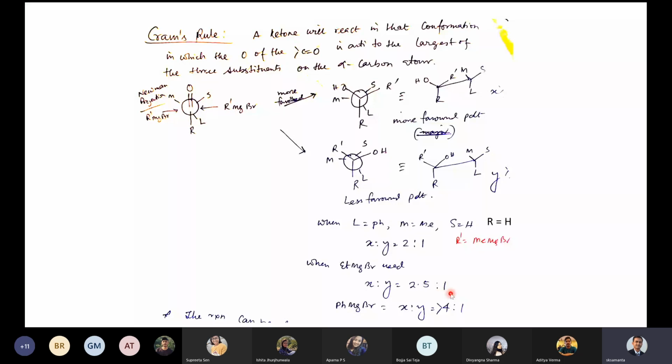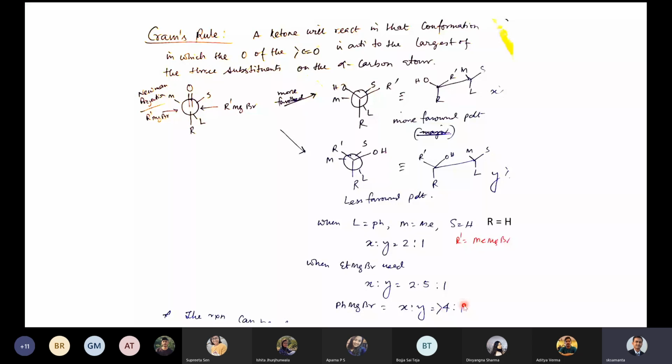So the ratio has increased, and if we further increase the size up to phenyl group, then you will see that X is to Y is becoming more than 4:1.